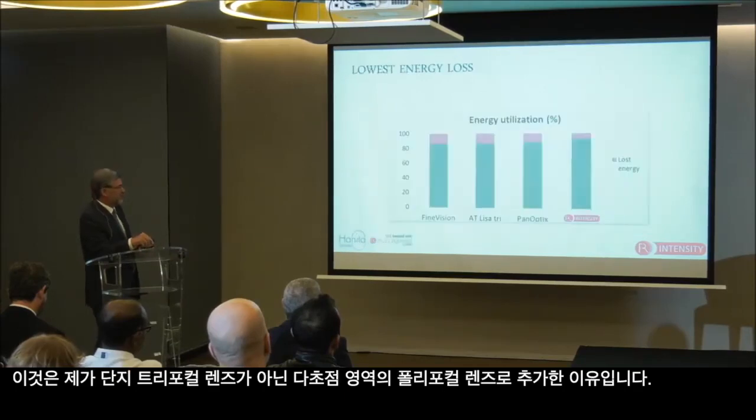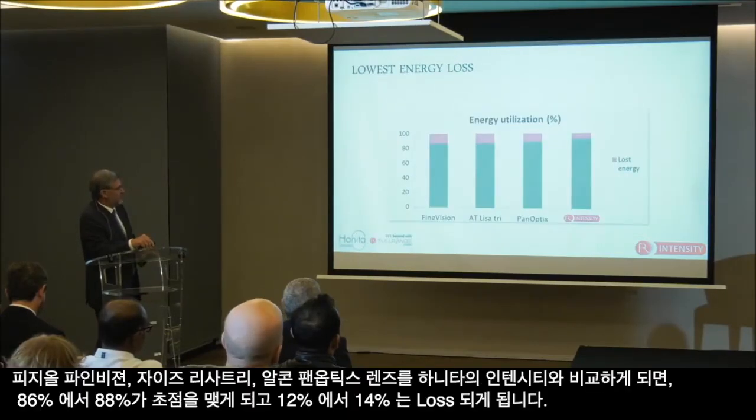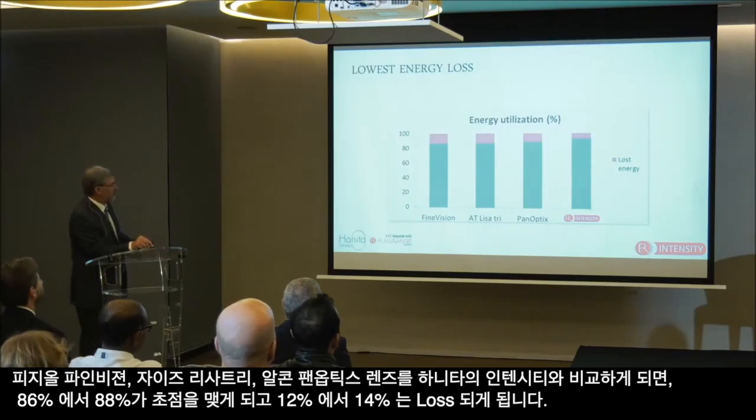It's the entire range. This is in comparison to the other lenses, such as the FineVision of Physiol, the Asia of Zeiss, and the PanOptix of Alcon, as compared to the Intensity lens. As we can see, 86% to 88% goes to the foci, and about 12 to 14% is lost.